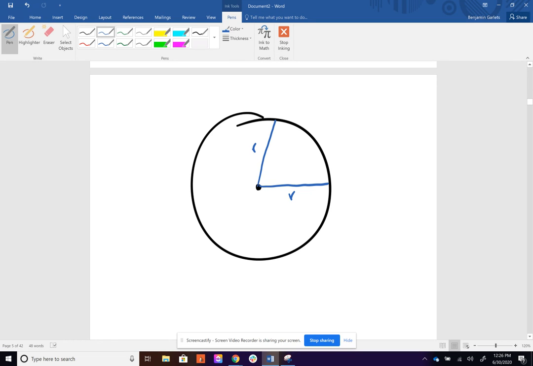Normally, we would call this theta, and then this arc here, so I'm going to highlight it. So this arc would have a degree measure equal to theta, right? That's something that we learned in geometry.